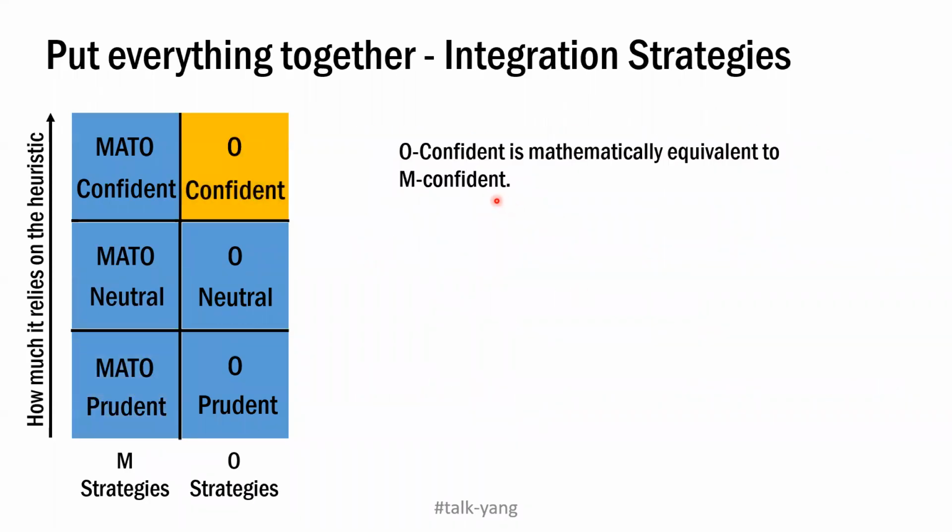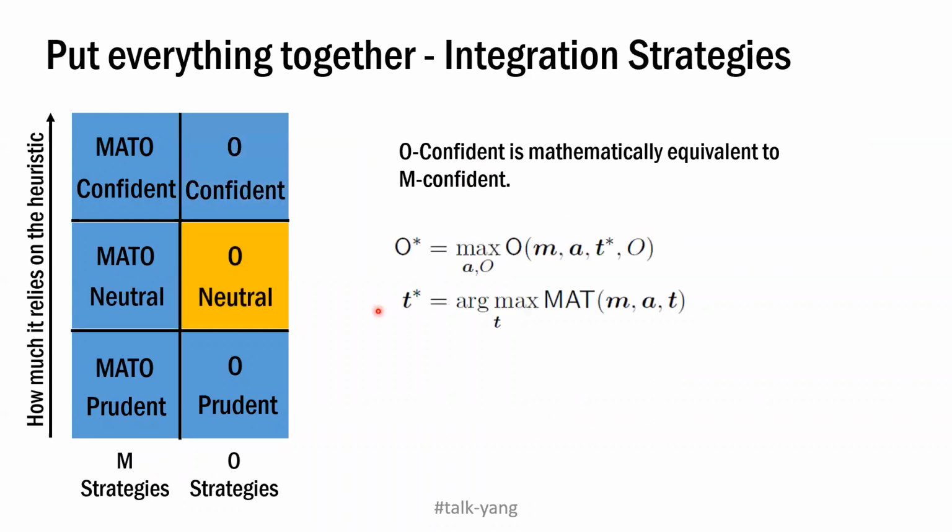And the O-confident strategy, optimizing the O score, is mathematically equivalent to the M-confident strategy because the MATO score is simply a weighted average of the MAT score and the O score. So we don't have an equation for that.